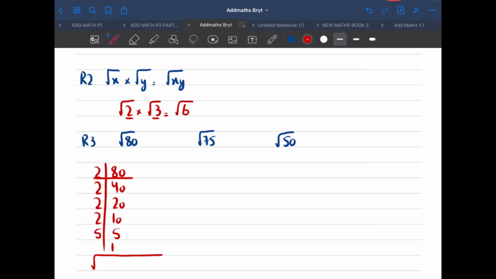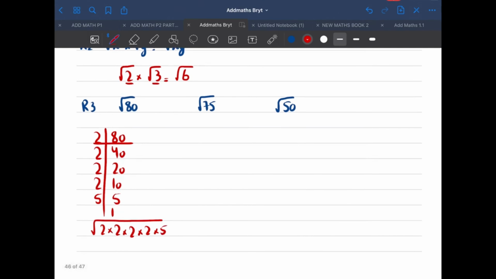Can I write it like this? 2 into 2 into 2 into 2 into 5, which means under root 2 into 2 is what? Under root 4, that's what? 2. Under root 2 into 2 is under root 4, that's what? 2. But this 5 is left alone, so it's going to stay in the square root. So my final answer will be 4 under root 5. That's how a surd is in simplified form.